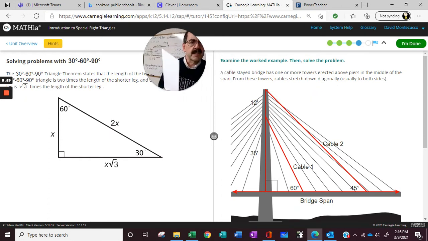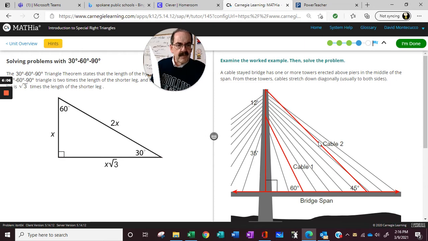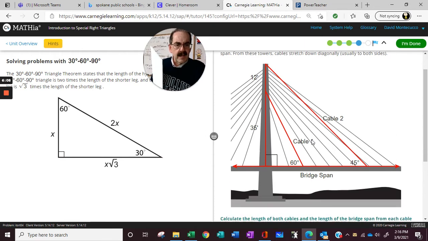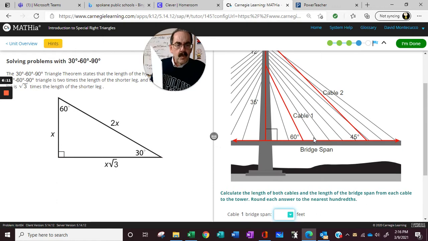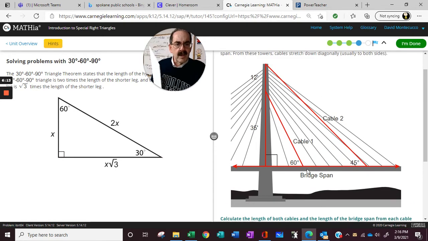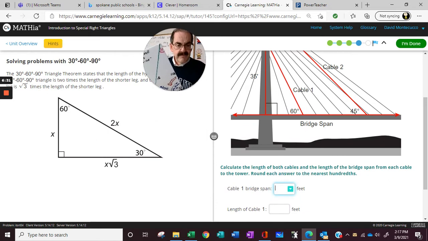Now, cable bridge, eastern cable, straight down, usually both sides. So we've got a 30, 60, 90, and we've got a 45, 45, 90. Now cable 1 is right here, 35. So if we take the 35, we'll come down here, divide by radical 3. Cut it in half, right? 35 over 2, multiply by radical 3.